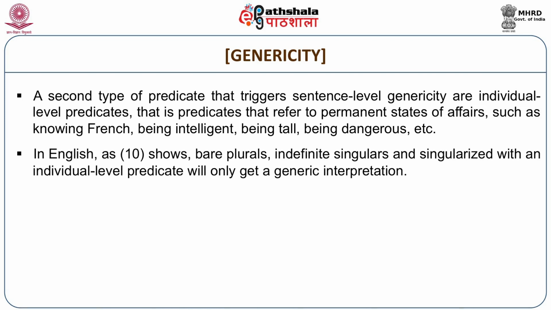Again, all these predicates trigger a generic interpretation for bare plural, indefinite singular, and definite singulars used with them. So if you say "a Frenchman is tall," or "girls know French," or "the French are intelligent," in all three examples you get a generic interpretation of the noun phrase.